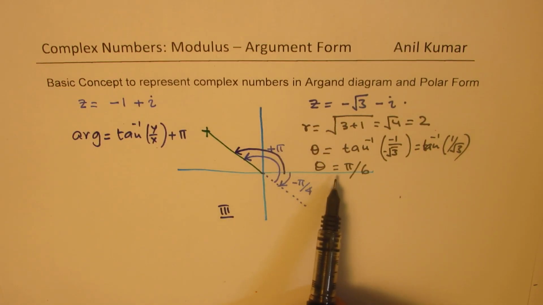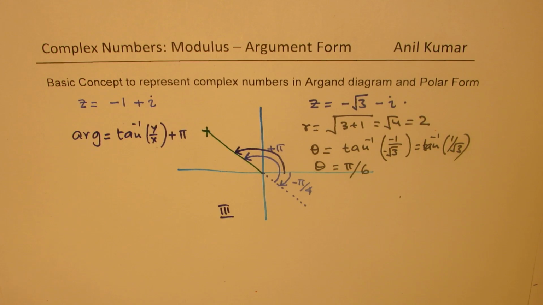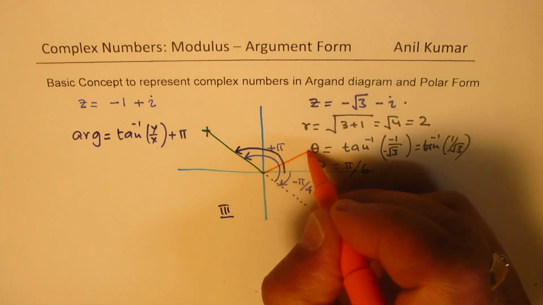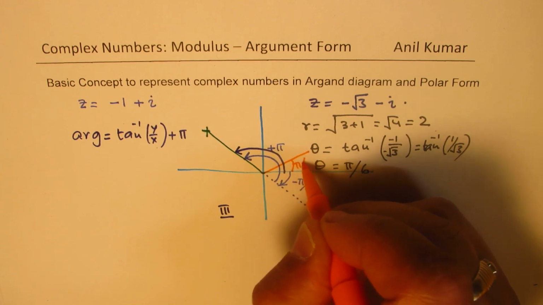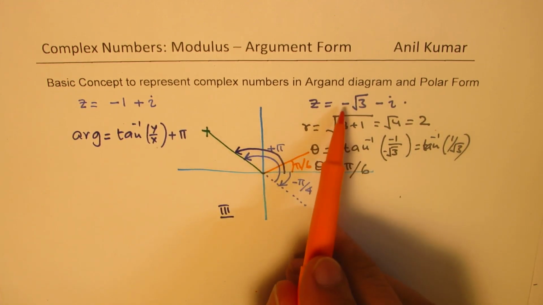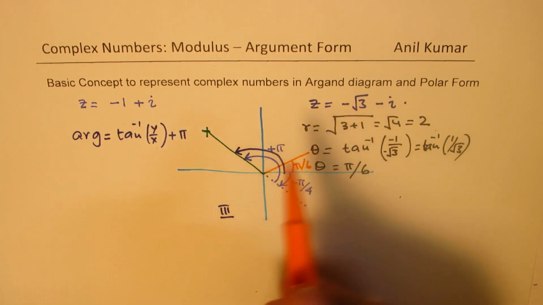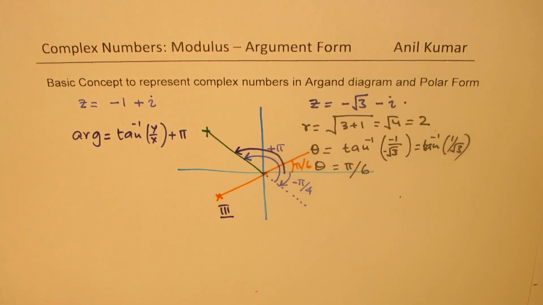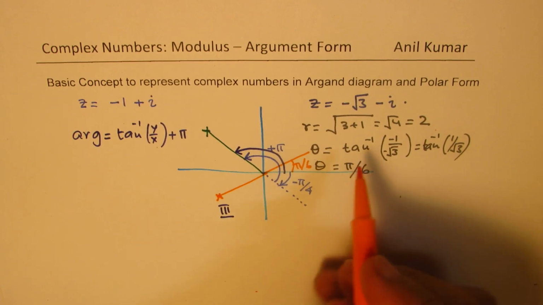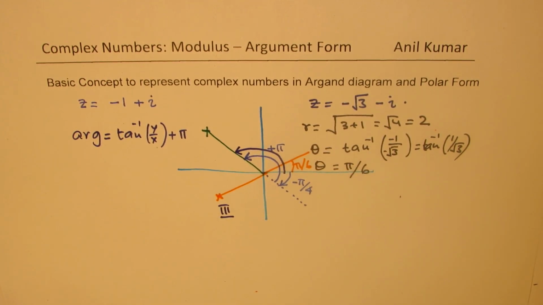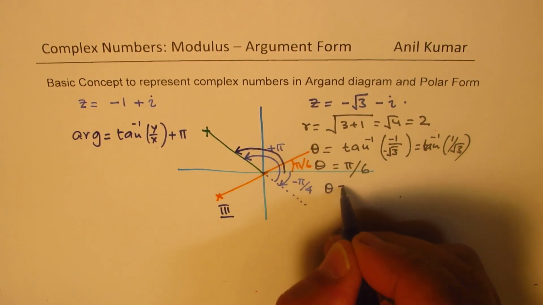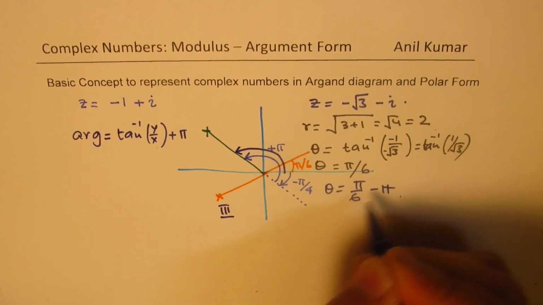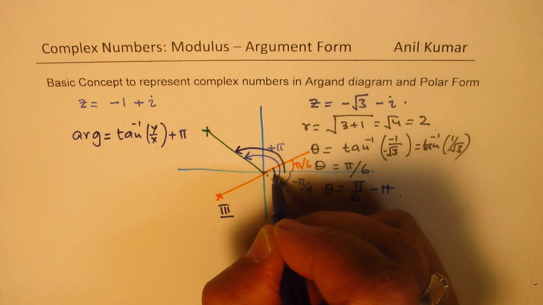Clearly, theta equals pi by 6 is incorrect. When you say pi by 6, you're trying to write the answer to be here, right? This is pi by 6. However, minus square root 3 minus i happens to be right there. So what should be the angle? Theta is not pi by 6. So theta basically is equal to pi by 6 minus pi, since this is your angle.